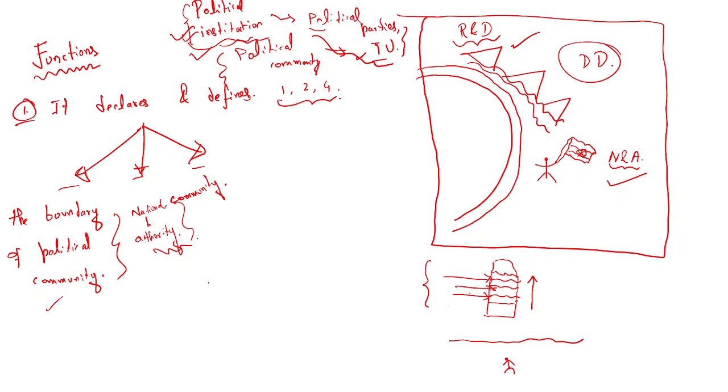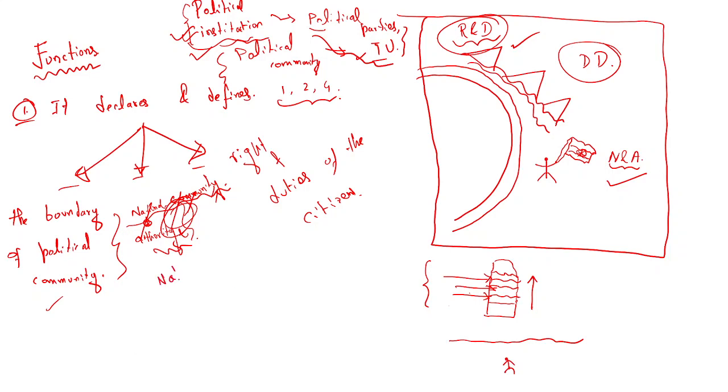Let's go to rights and duties. It declares and defines the rights and duties of the citizens. I mixed this up a bit, I'm extremely sorry, I have to open the book and recheck. So national community, you know, people of India. So it actually expresses the identity and values. I said this girl's name is Ivy, and I gave a national flag.